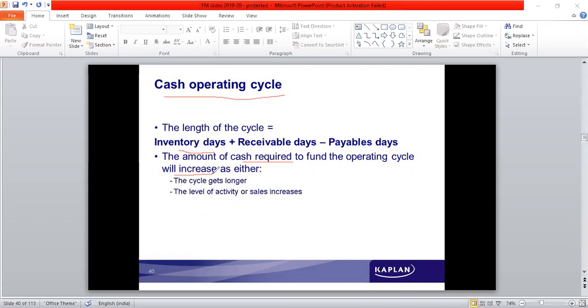So more cash needs to be raised from other sources and invested into this operating cycle. Either the cycle gets longer or the level of sales increases. If sales increase, more production has to be taken up, and more investment into material has to be made. So these are the reasons.